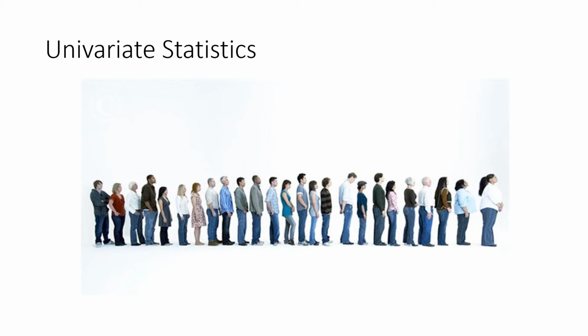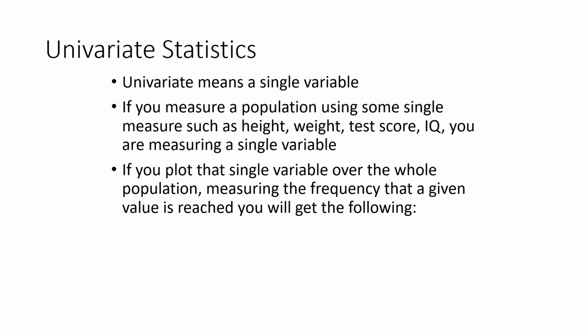If we are focusing on just a single variable in a population, we are dealing with univariate statistics. In the example I'm giving here, we might be measuring their height, we could be measuring their weight, we could look at their test score or their IQ, but in either case, it's a single variable that we're looking at. If over this population, and 25 is perhaps a little small, let's say we had 250.